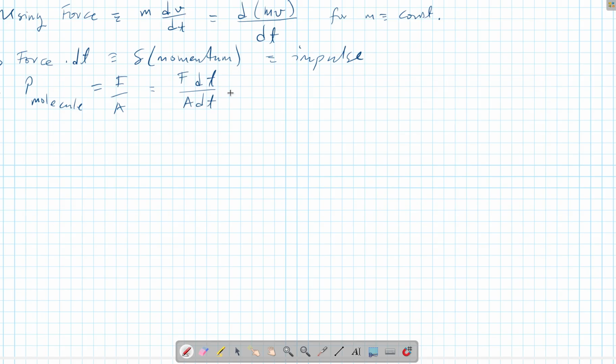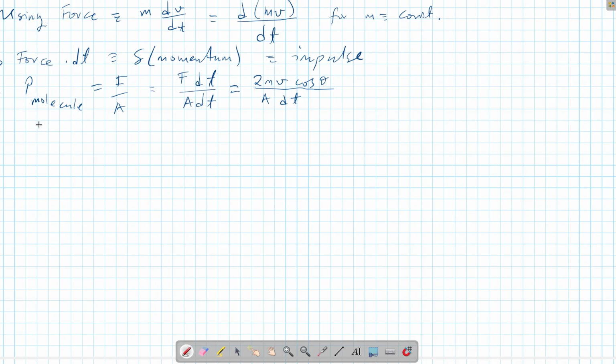We can write it in this way such that we can use the impulse which we have computed earlier on the previous page, that is the change in momentum, F times dt, which we have seen is going to be equal to 2mv cos theta divided by A dt.